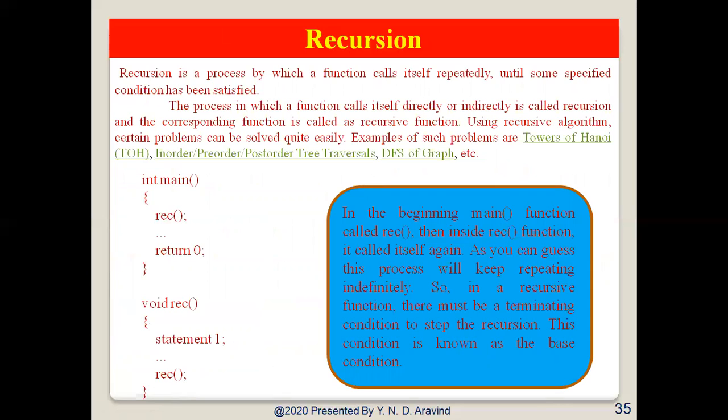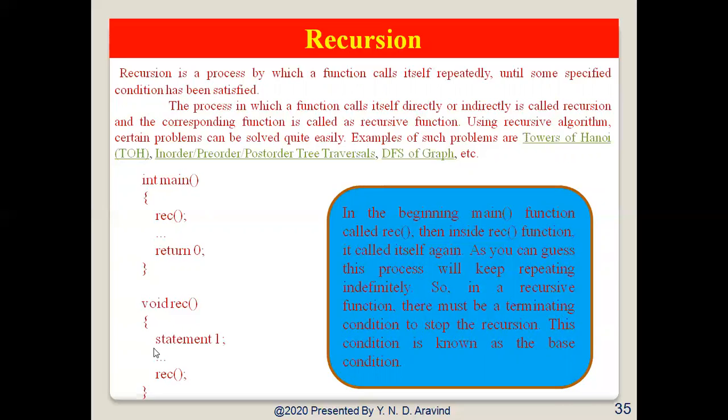If you run it, it is going to call itself again and again, an infinite number of times, so the program is never going to end. Such a thing is known as the absence of a base condition. Recursion is a process by which a function calls itself repeatedly until some specified condition is satisfied.